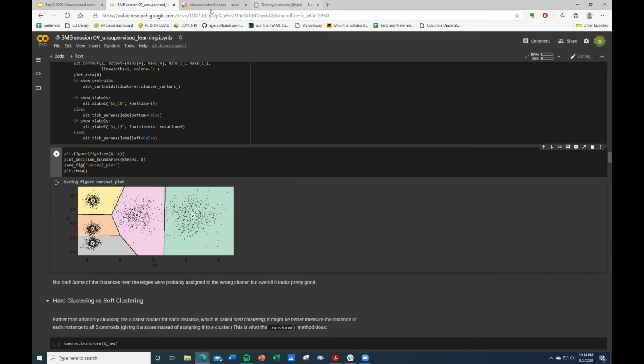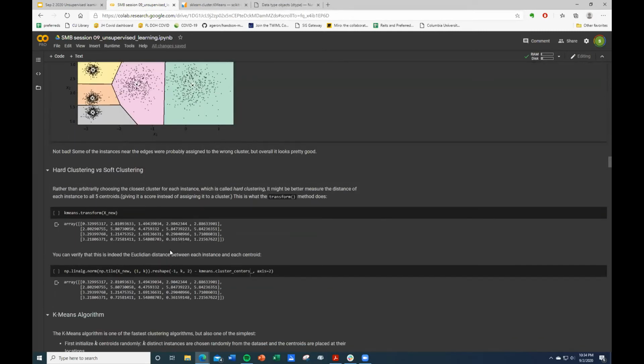So let's go on a little bit and let's go into hard clustering versus soft clustering. It involves matrix math that I don't understand sufficiently, so I'm not going to pretend to. What he's doing here is he's basically saying, look, the k-means transform object, okay?